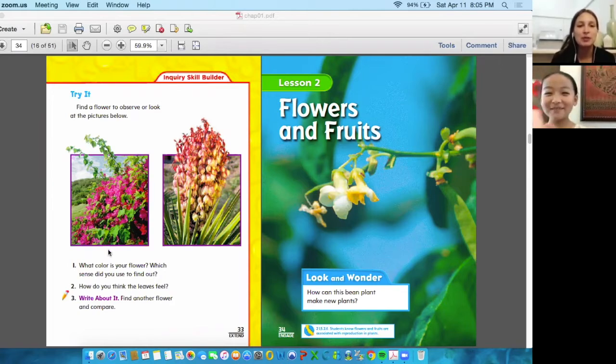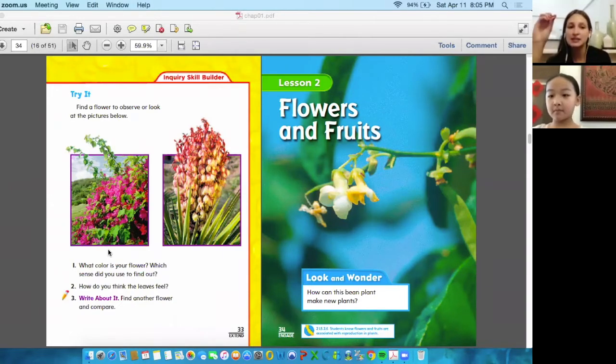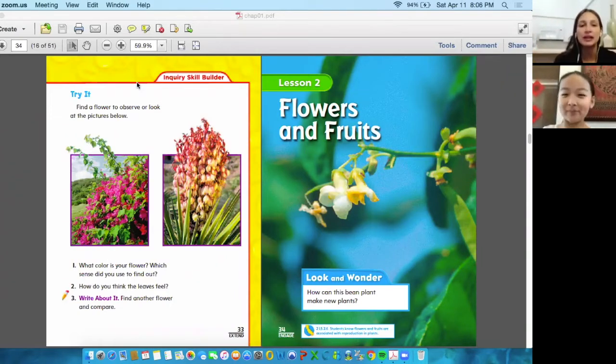Do you remember we compared flowers? Yes, we compared many flowers. Right, and we looked at the flowers' leaves, we looked at their seeds and all of that, right? Yes. Okay, so today we are going to study lesson 2, okay? And this one is flowers and fruits.